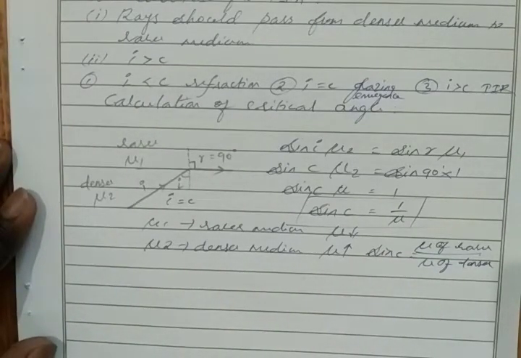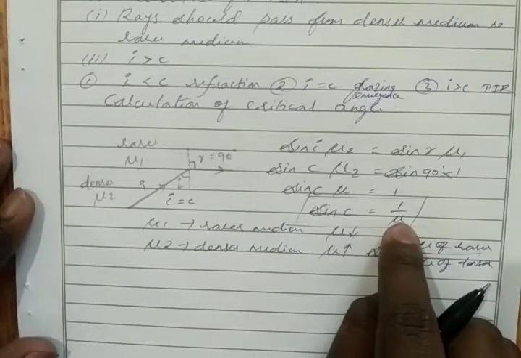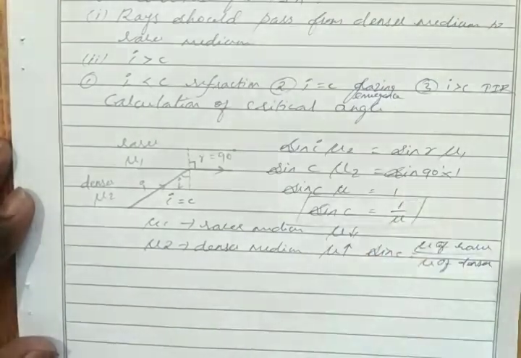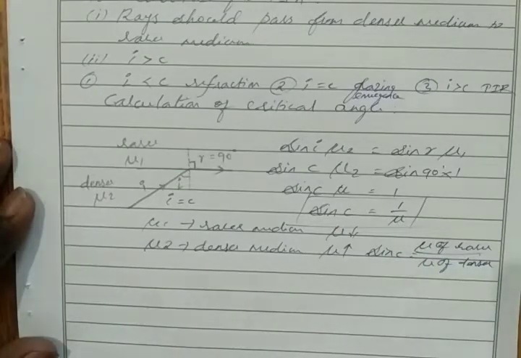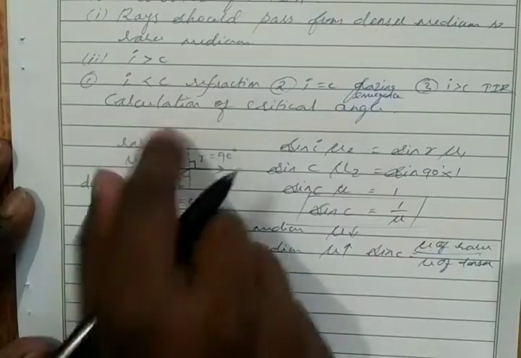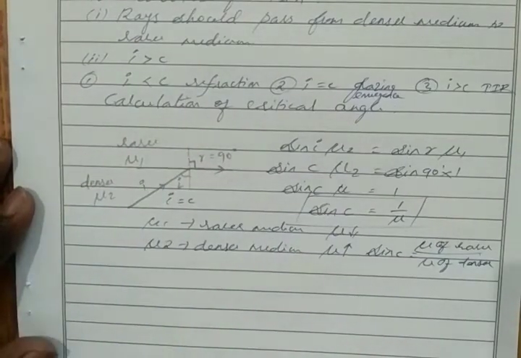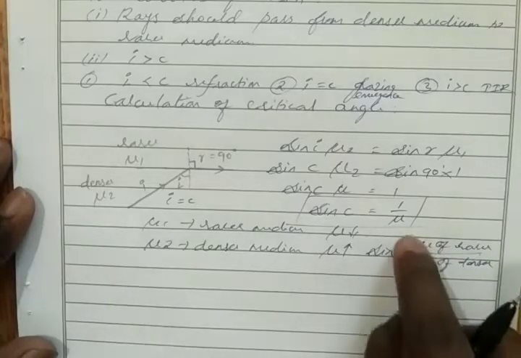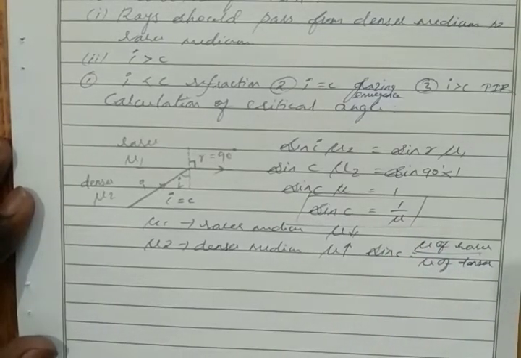Clear? So the refractive index of denser medium should be greater than 1, correct? Because here we use rarer medium and here we use denser medium. Rarer medium is air, with the least value of refractive index, that is 1. Then this mu value should be more.